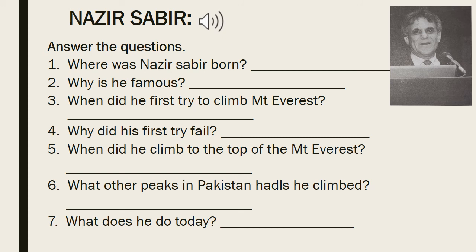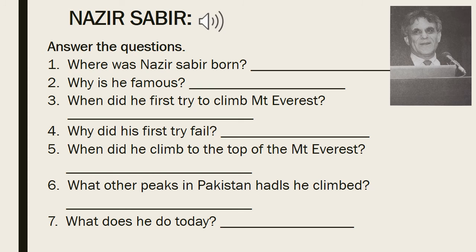Nazir Sabir is the only person from Pakistan to have climbed Mount Everest, the highest mountain in the world. As you know, the highest mountain of the world is Mount Everest, and then comes K2. So the only mountaineer of Pakistan who climbed Mount Everest is Nazir Sabir.